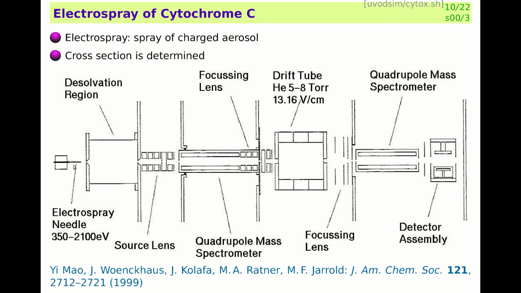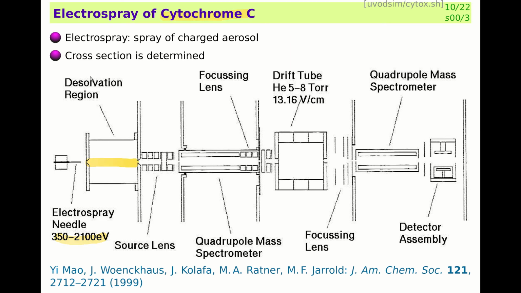It is why such an experiment is done. There is an electrospray needle with high voltage, and it is fed with a solution of a protein, in this case Cytochrome C. This solution is sprayed here into small charged, wet droplets. These droplets go into this apparatus.